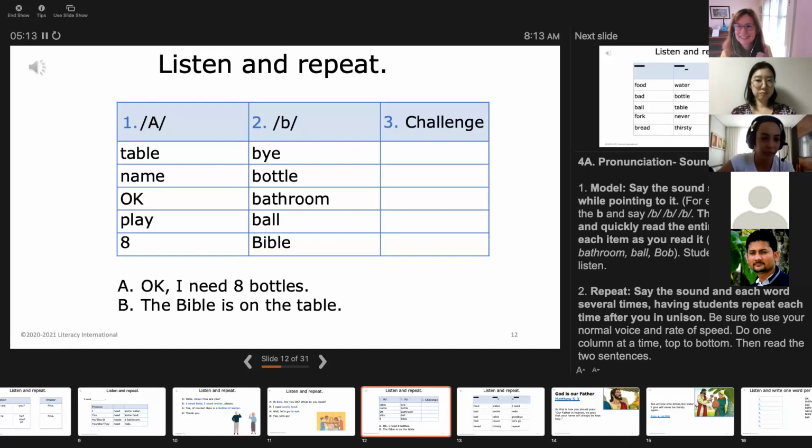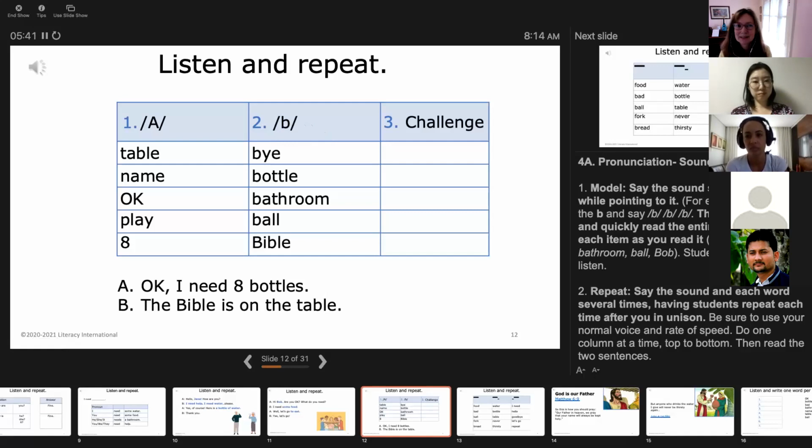Very good. Now, we want people to try to say the sound without attaching a vowel to it. So we don't want them to think that the sound is buh or B-A, but just the B sound. But it's very hard to make a consonant sound without putting a vowel after it or before it.